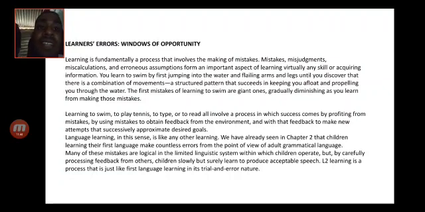Language learning is, in this sense, like any other learning. Children learning their first language make countless errors from the point of view of adult grammatical language.